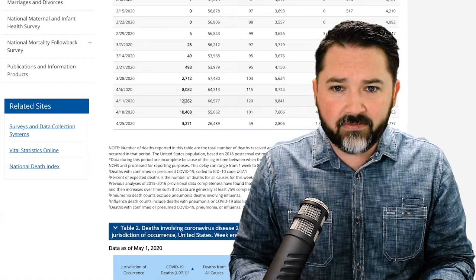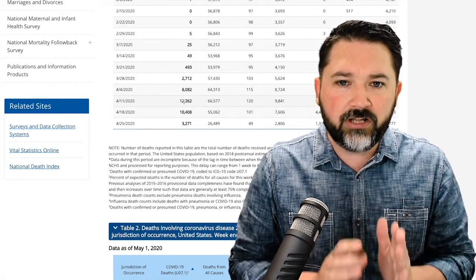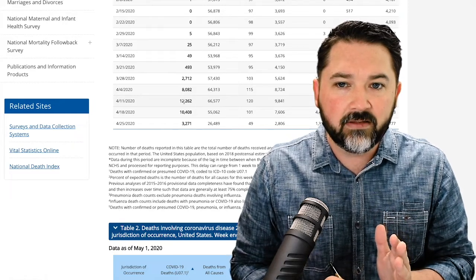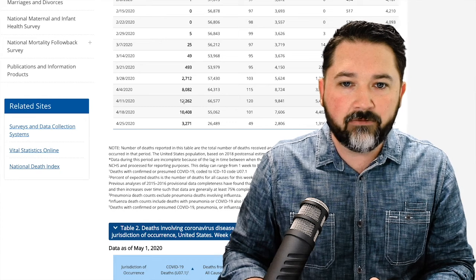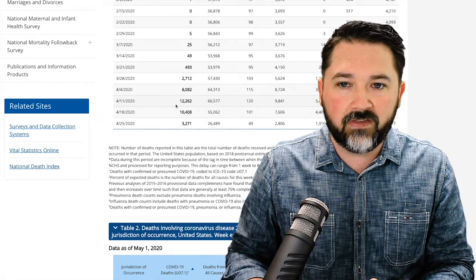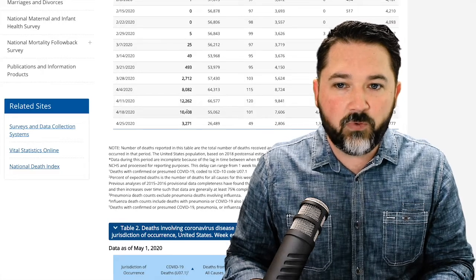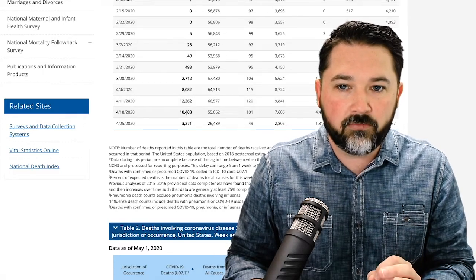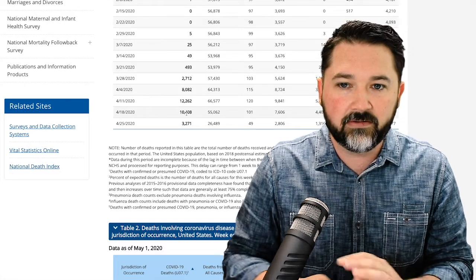Now look at this too before we move on. You could see that the deaths being reported that are strictly due to COVID spiked, or I should say peaked, in the data week ending 4/11, April 11th. You can see that was 12,262. The very next week, the number of deaths reported due to COVID-19 decreased by 15%.